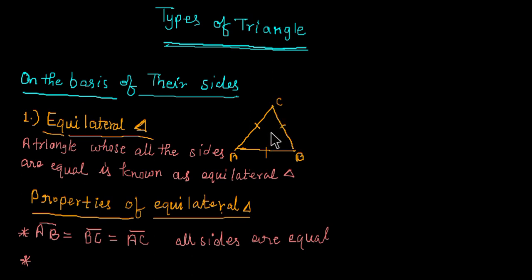If we draw a perpendicular line from any vertex of this triangle, as we all know, the vertices are A, B and C. These points are known as vertices. So if we draw a perpendicular line from the vertex C, it will be like this, and this angle will be 90 degrees.